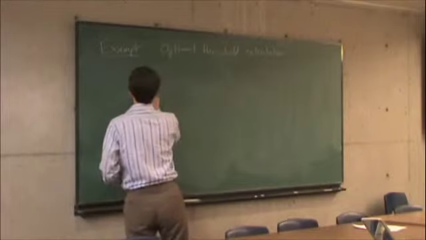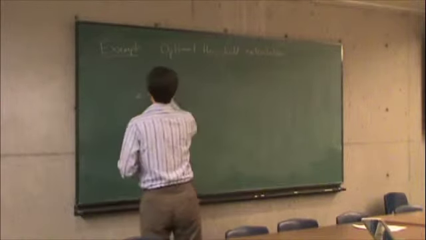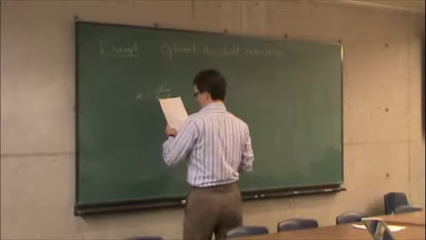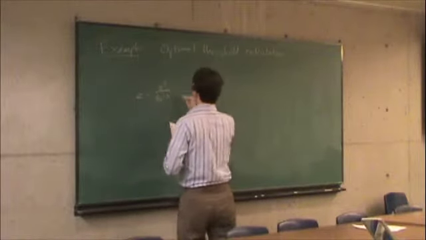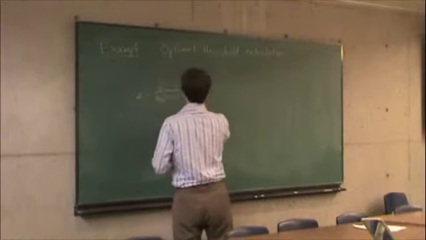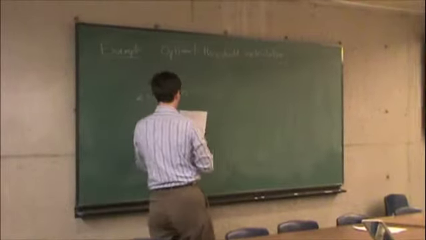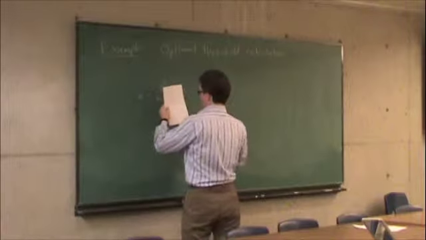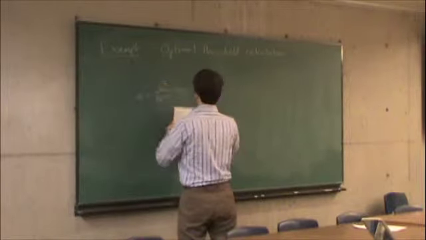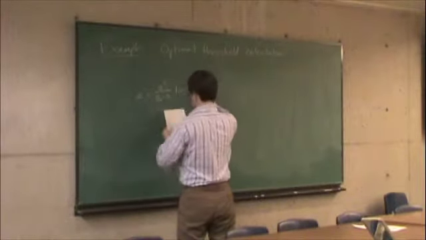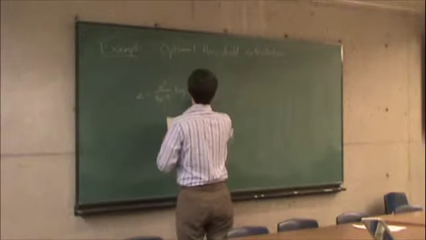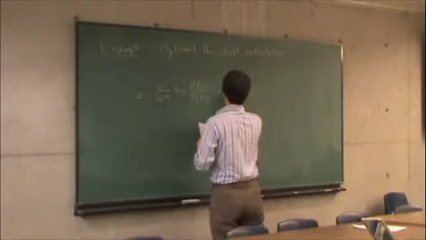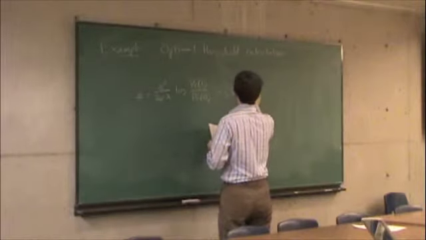Z is equal to sigma squared over S0 minus S1, log, by the way, this is natural log. Whenever I put log without a base, I just mean natural log. Log probability of 1 divided by probability of 0 plus 1/2 S0 plus S1.